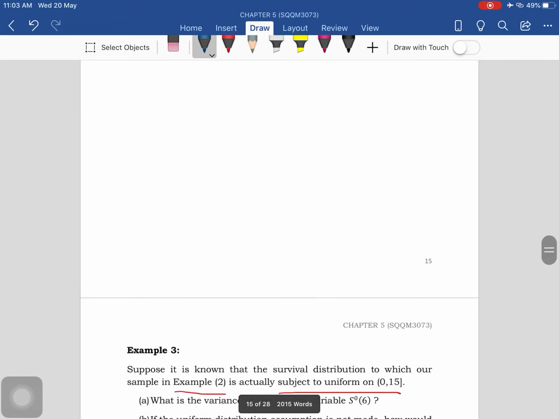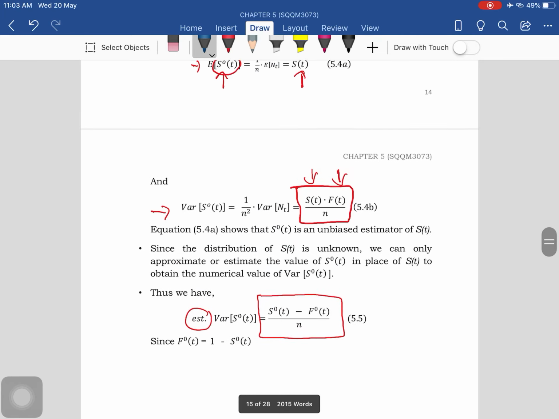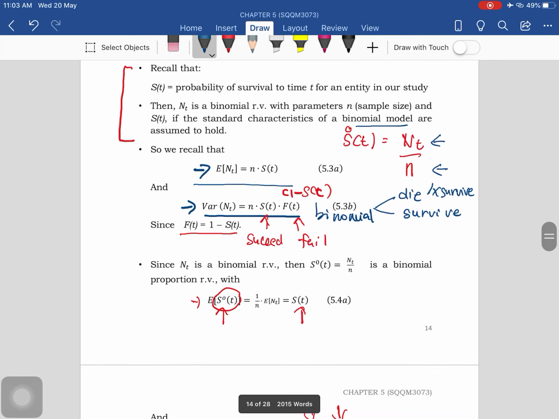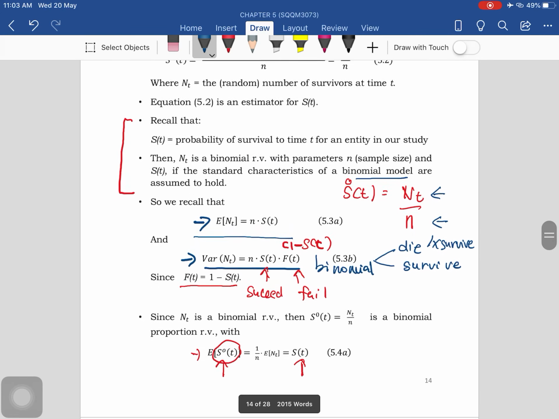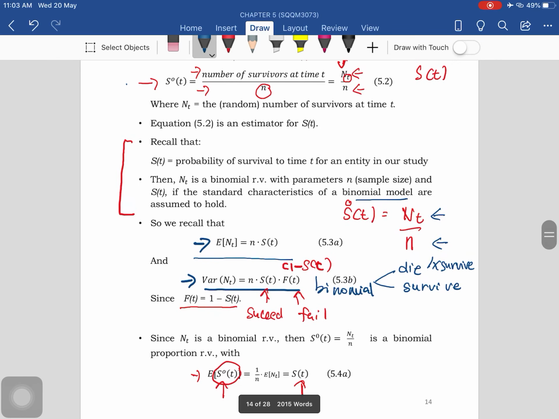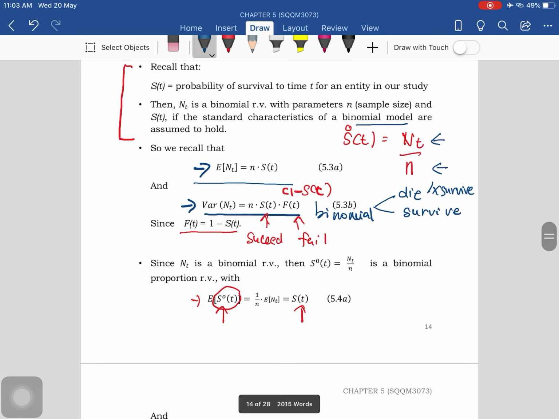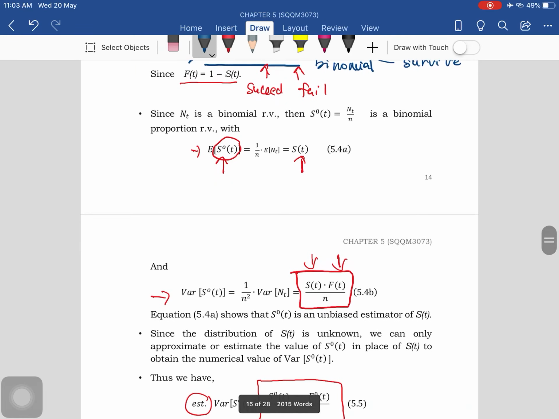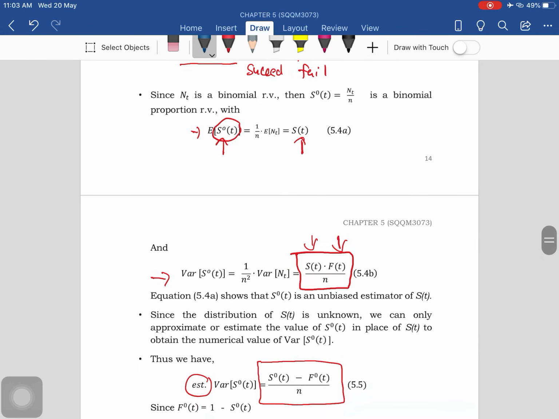Okay, we go back to the notes. I forgot to highlight this to you. Okay, this one.